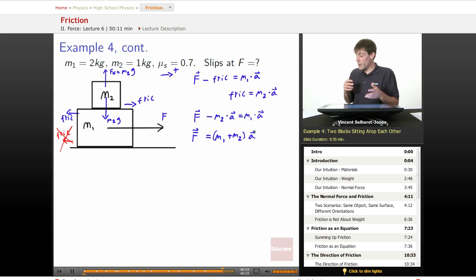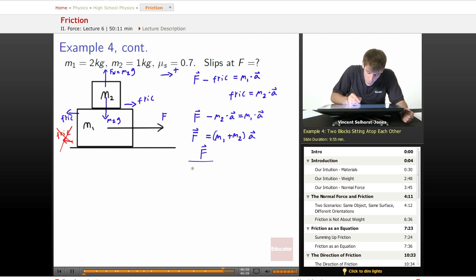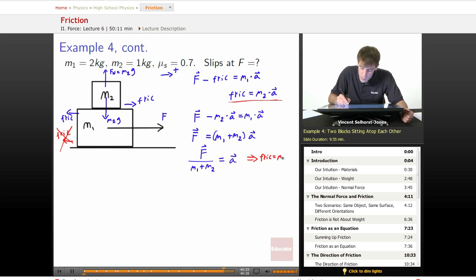All right, we can sub that back in though, and we can now figure out what is friction. So F over m1 plus m2 equals the acceleration. We plug that back in to this formula right here, and we get that the friction is equal to m2 times F over m1 plus m2, getting a little cramped there.